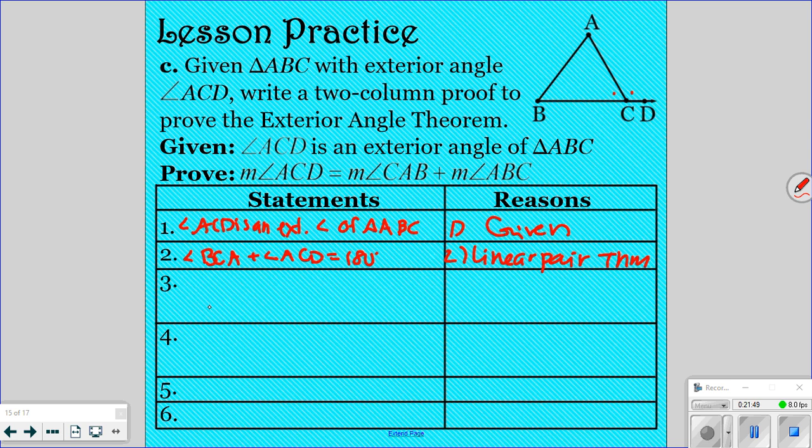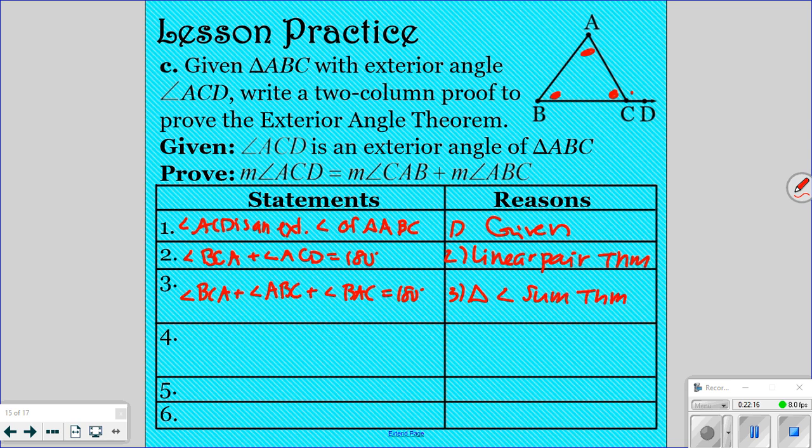From there, we know that the three triangle angles add up to 180. So the angle BCA plus the angle ABC plus the angle BAC has to equal 180 degrees. And that's by the triangle angle sum theorem.